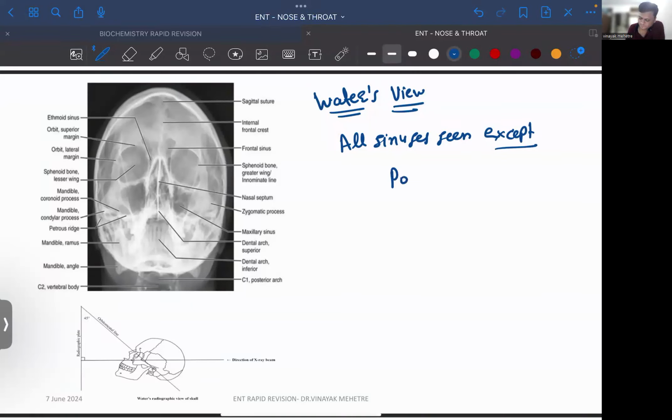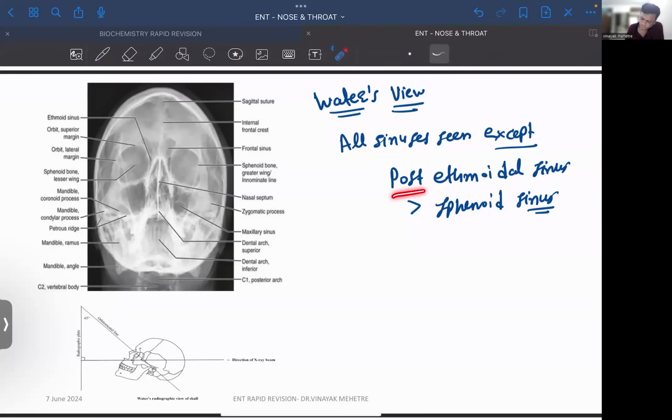Remember, if you get this in the options, you have to rule out the posterior ethmoidal sinus, followed by the sphenoid sinus. You will get confused because most of the time you know the answer is sphenoid sinus, but believe me, they will give you both in the options.